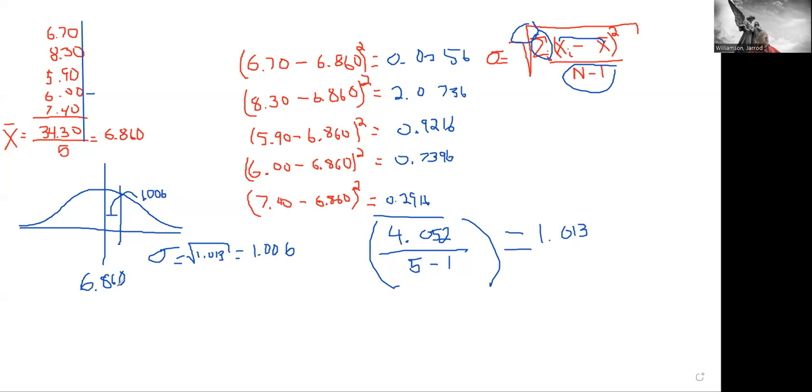So it'd be 6.860 plus 1.006. One standard deviation below would be 1.006. So that would be 6.860 minus that, and so on.